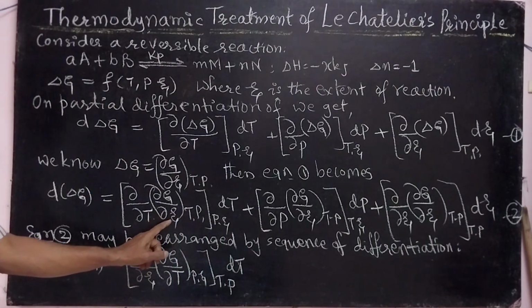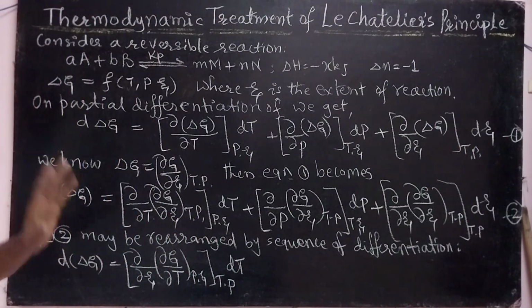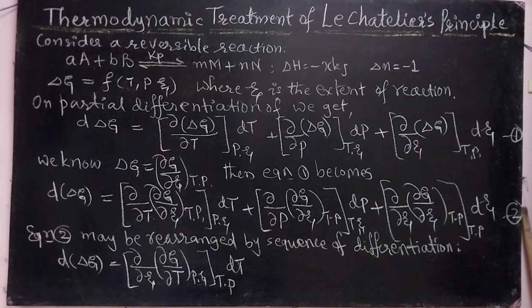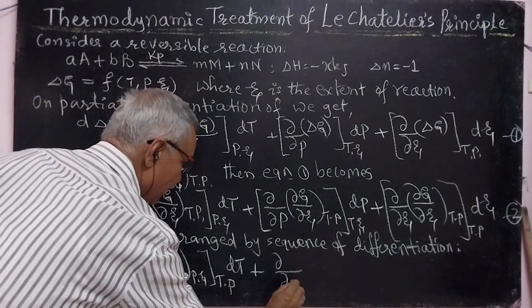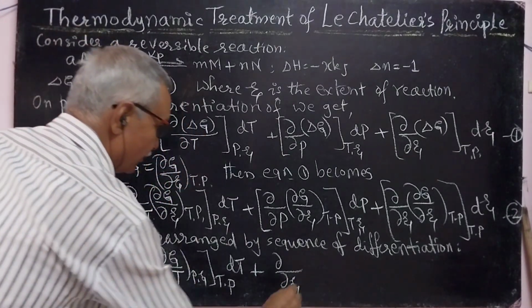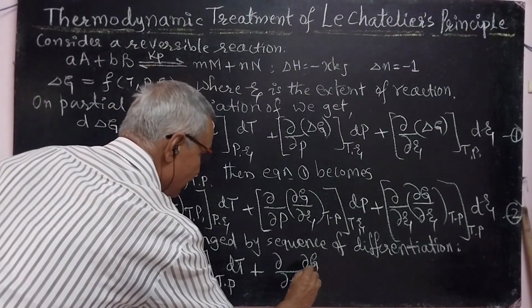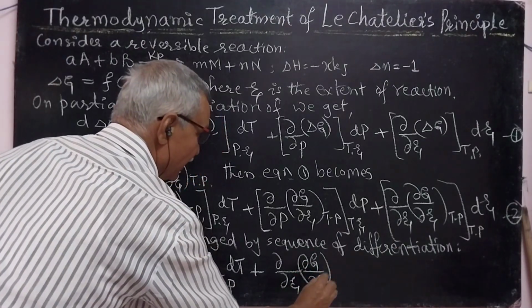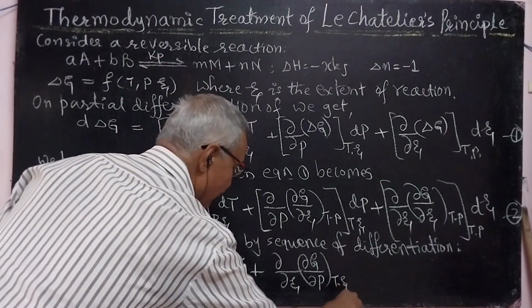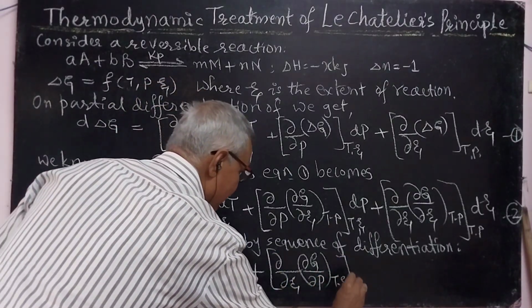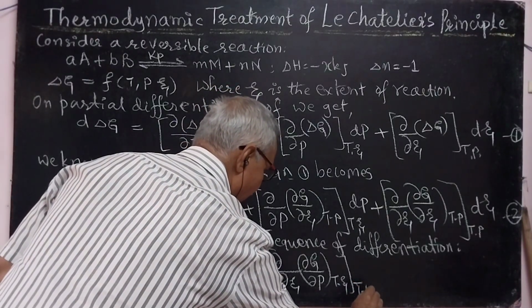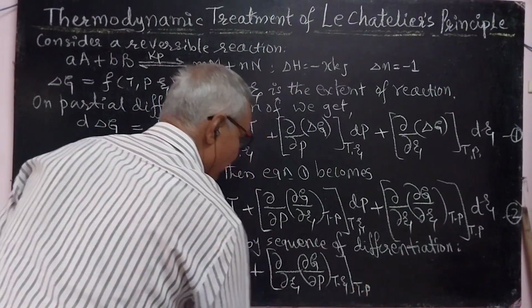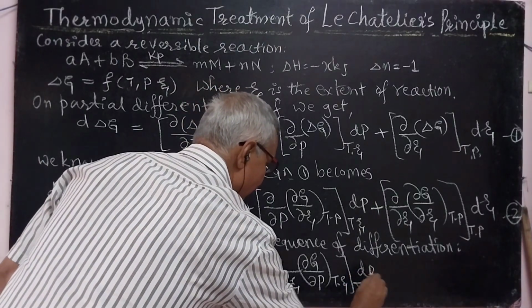Just change the order, dou G by dou T, then automatically this term remains the same. Plus dou by dou epsilon of dou G by dou P at constant temperature and epsilon, into dP.